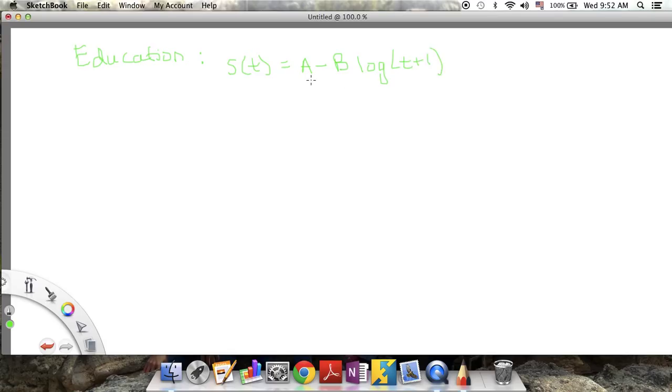So A and B are constants. They're found by experiment, and they differ depending on the class and the material you're covering. Like, for example, for our math class, we'd have specific A and B for our equation. And then this t is time in months.